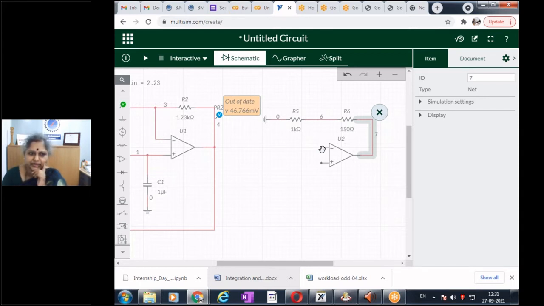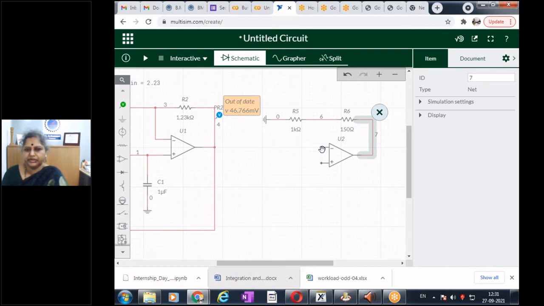And then for the resistors and capacitors, I need two resistors and then two capacitors. I rotate, and then I need a capacitor.